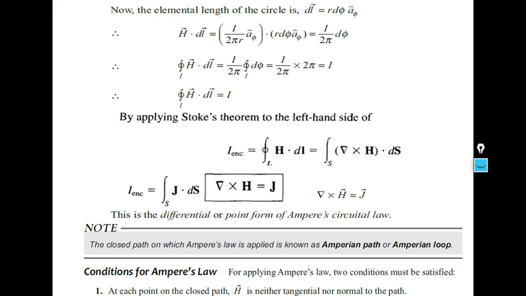So this is the differential or point form of Ampere's circuital law, and this is one of Maxwell's equations in magnetic field. The integral form is this one: closed line integral of H dot dl is equal to surface integral of curl of H dot ds. This is the integral form. This is the differential form of Maxwell.